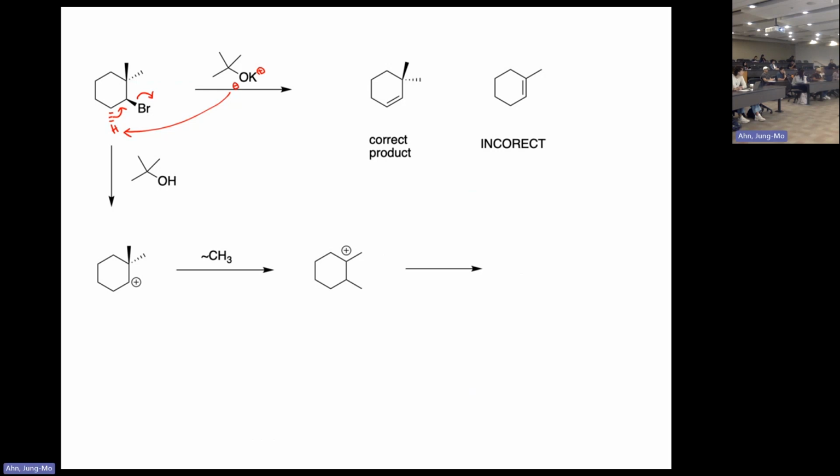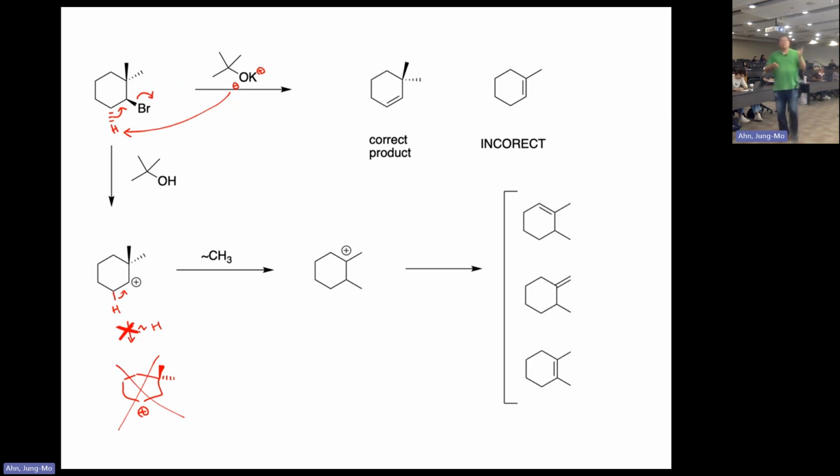Now things can happen with that. You expect E1 elimination with it, and you expect SN1 products with it. If you move that hydrogen up, you get a secondary carbocation, which is the same as the other one, so there's no advantage in doing that.